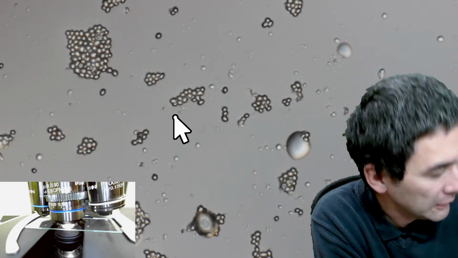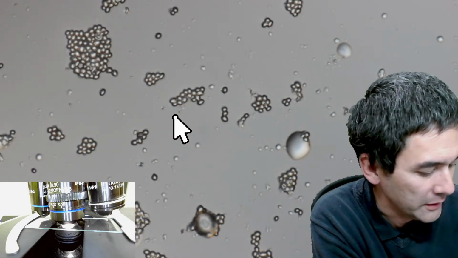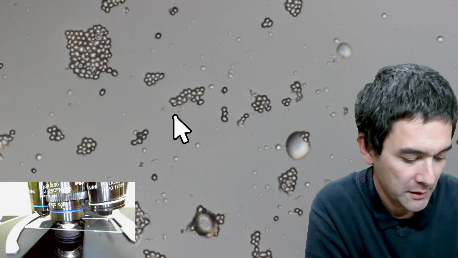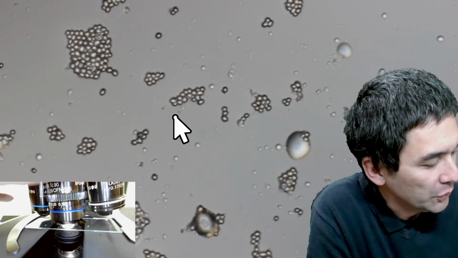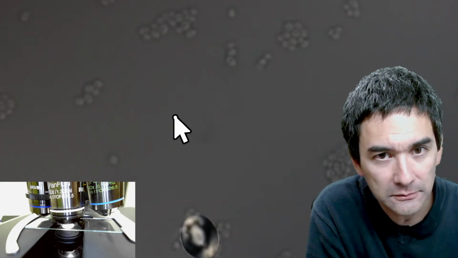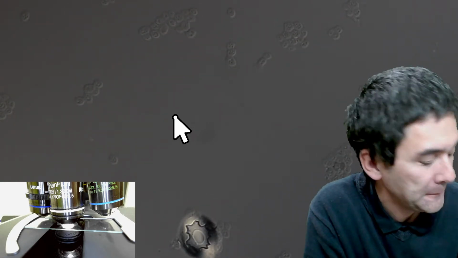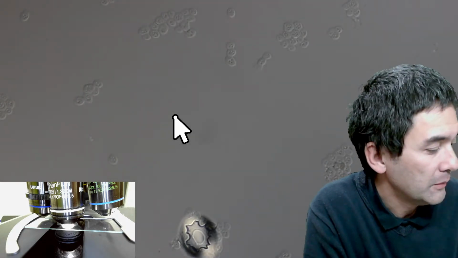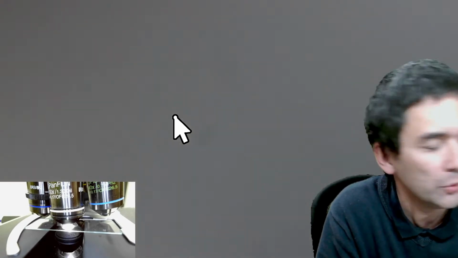Okay, so now let's try the oil immersion procedure. As before, I'm going to rotate the oil immersion objective in place. Notice that there is now no cover glass. The lock is now engaged. I'm going to lower it. Yes, it's still engaged, so I'm going to lower it.